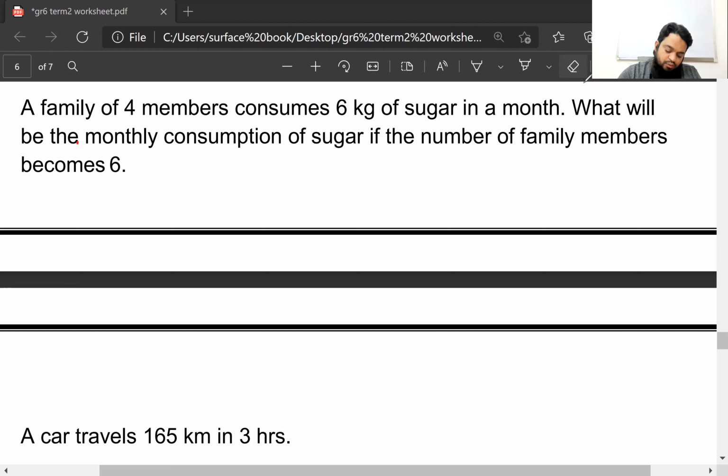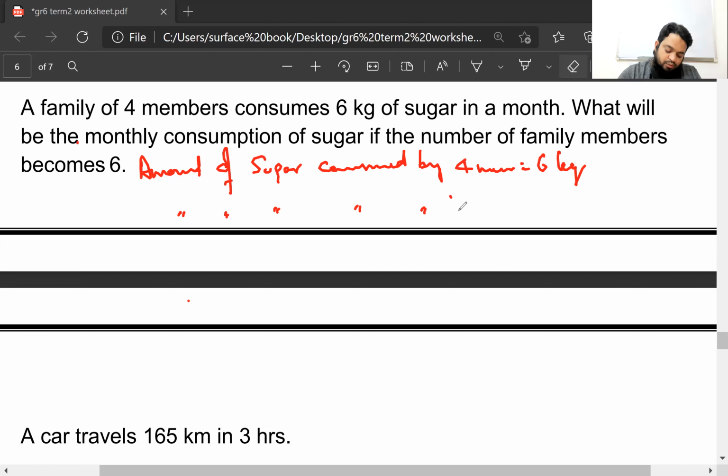So amount of sugar consumed by 4 members is equal to 6 kg, right? What will be the next step? Amount of sugar consumed by one member.